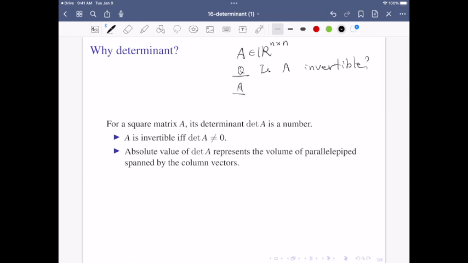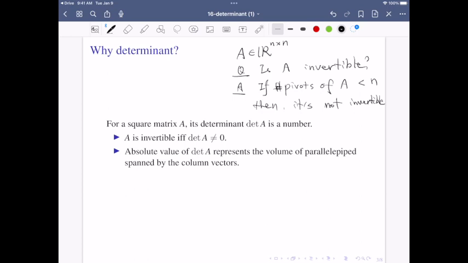One possible answer is that if the number of pivots of A is less than n, then it's singular, it's not invertible.